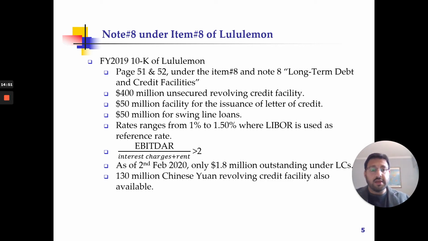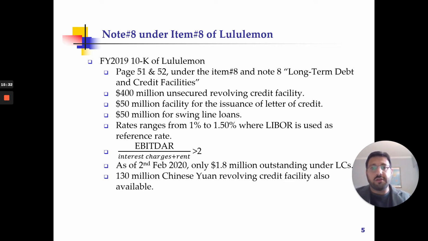But if I correctly recall, up till 31st December 2023, if they cannot pay, they simply have to settle the debt by 31st December 2023. So if they do not want to settle in a few days, they can extend that borrowing up till 31st December 2023. So the 400 million unsecured revolving credit is available.